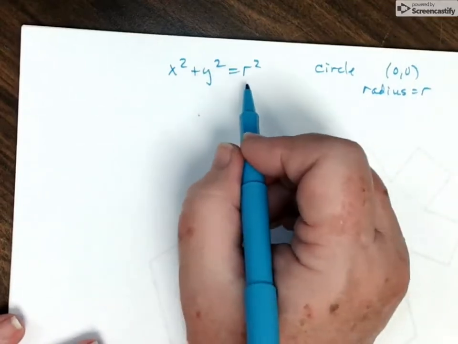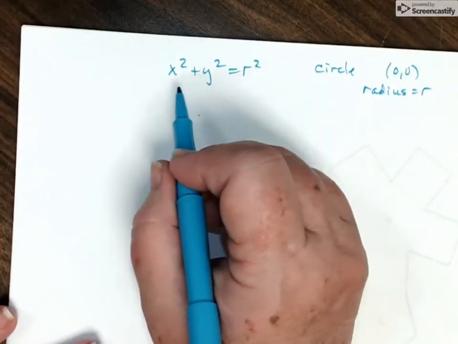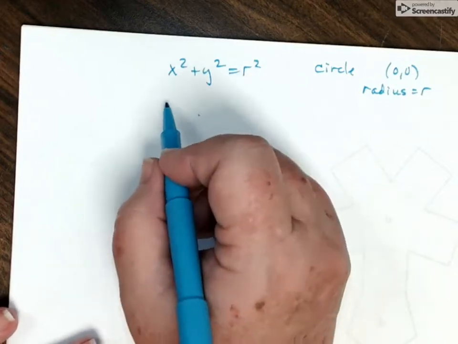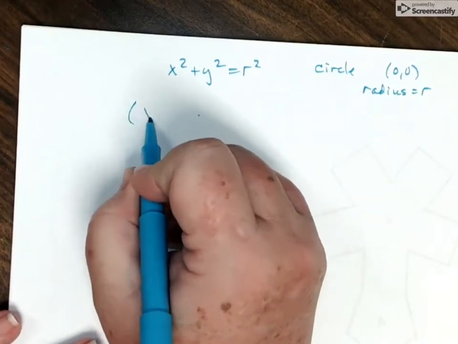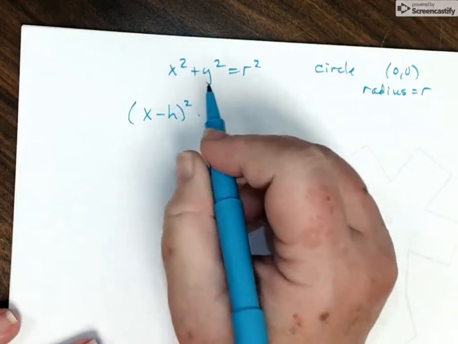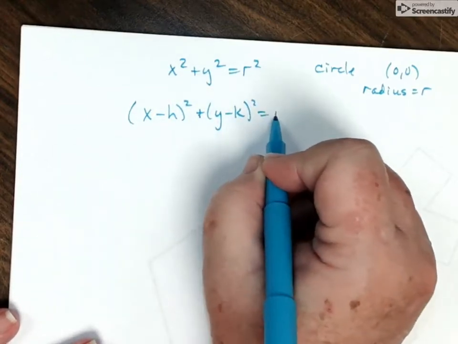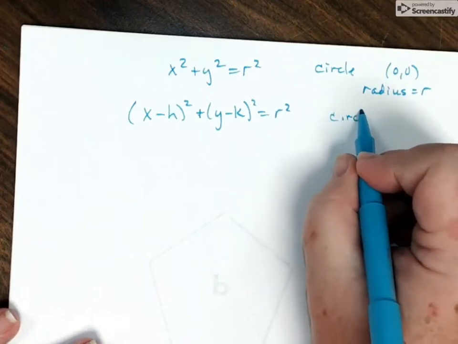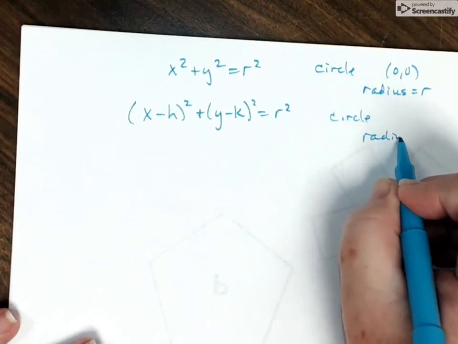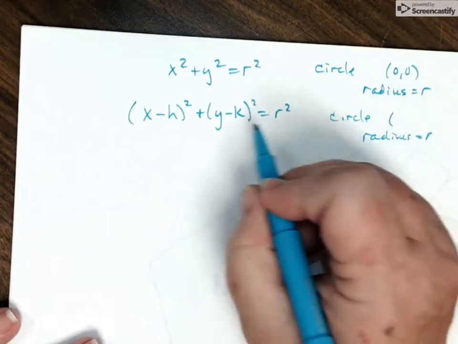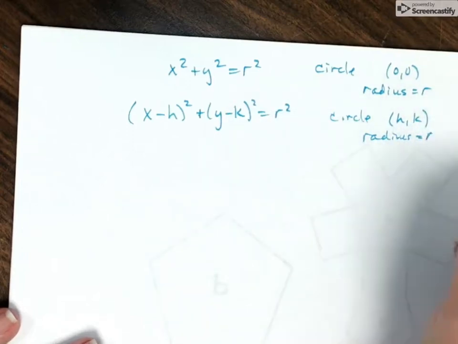It was probably also written in standard form, where you had (x minus h) squared plus (y minus k) squared equals r squared, which was another circle with a radius of r, but it was centered at (h, k).